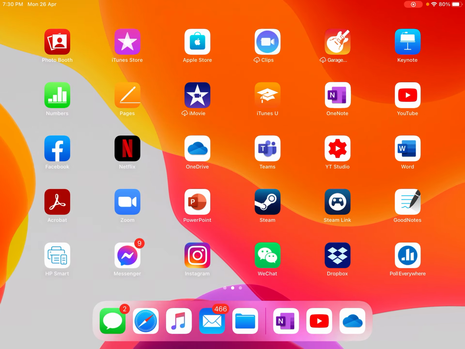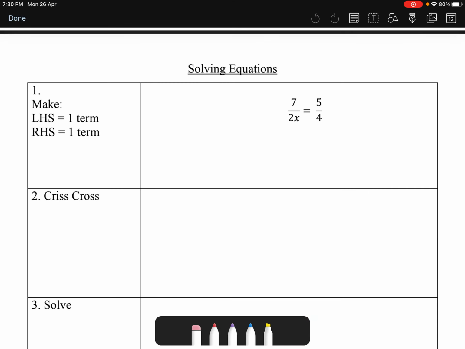But what if we involve some fractions, like this: 7 over 2x equals 5 over 4. When we have fractions, things are not so simple anymore. This is the left hand side and this is the right hand side. When I solve this, I want to make it into this form, x plus 3 equals 5.